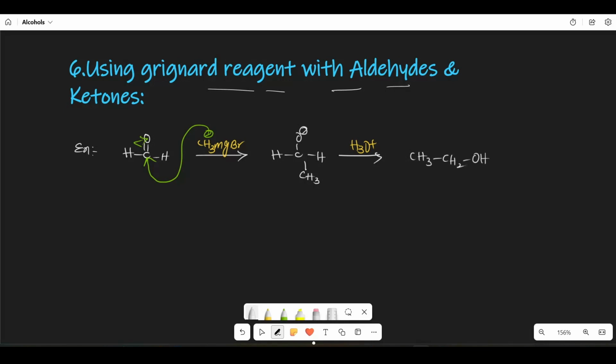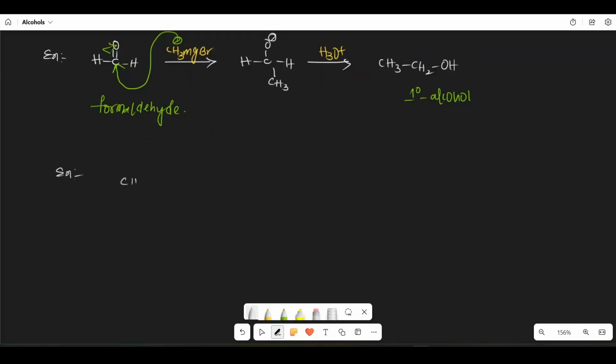See what we have got here? We have got a primary alcohol. We can prepare primary alcohol, secondary alcohol, and also tertiary alcohol. That's what I'm trying to explain here. If we take formaldehyde, we can prepare primary alcohol.